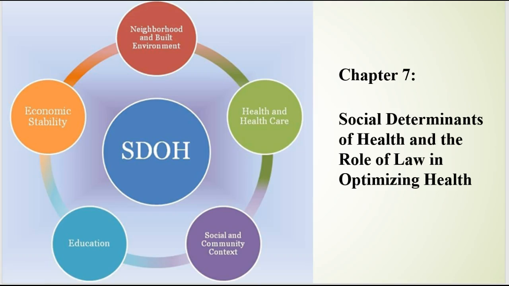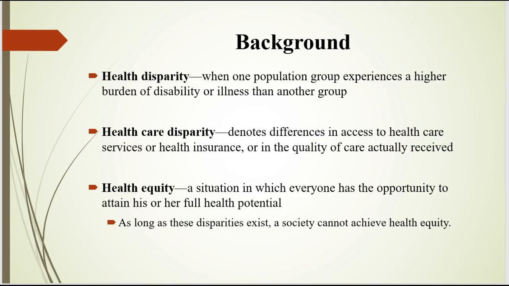Now, before I go into the definition of social determinants of health, I want to go to slide 4 and really distinguish this difference between disparities in health and disparities in healthcare. So, while both terms are related, they do have different definitions.